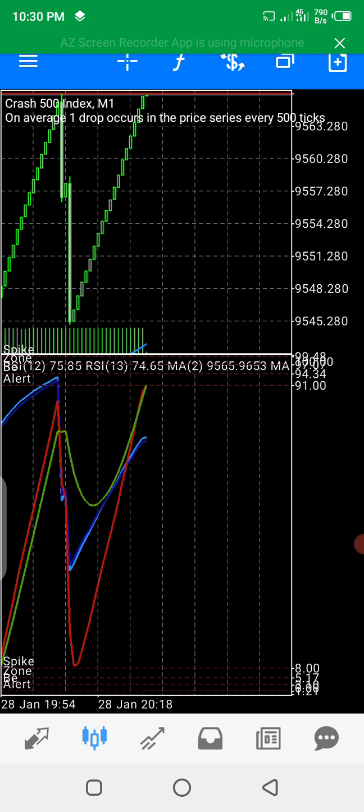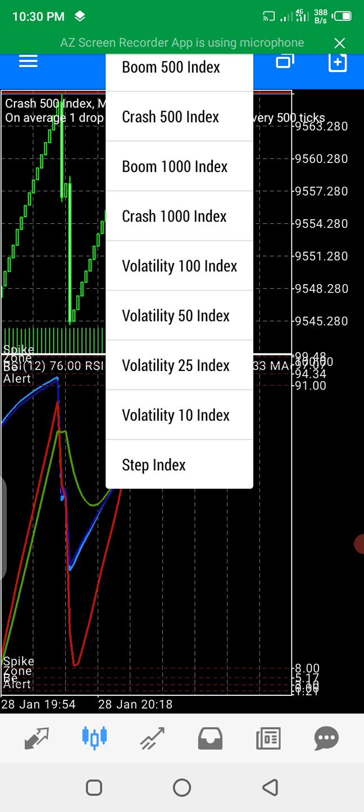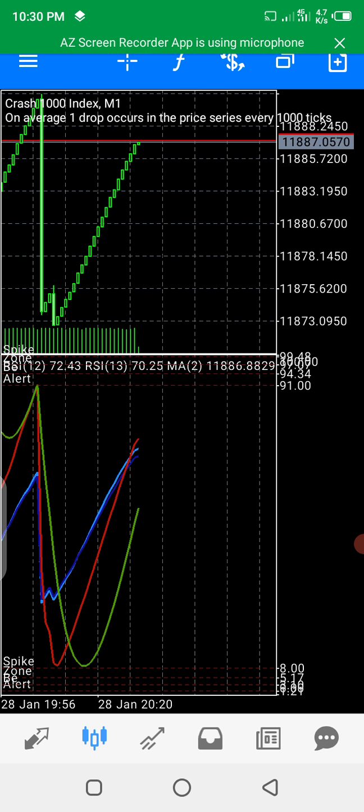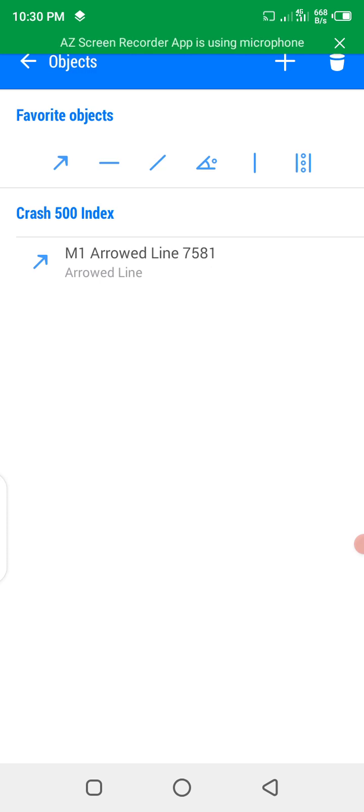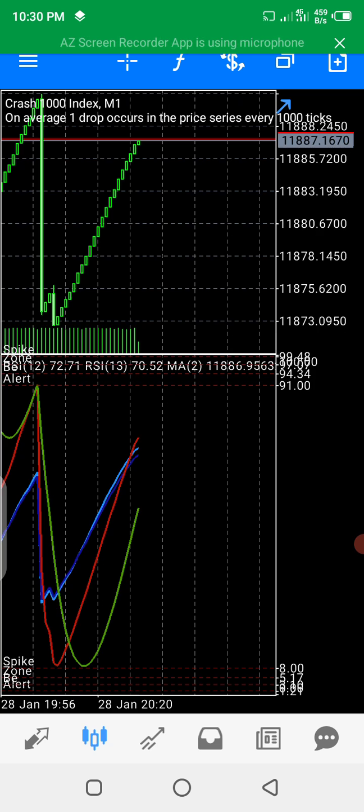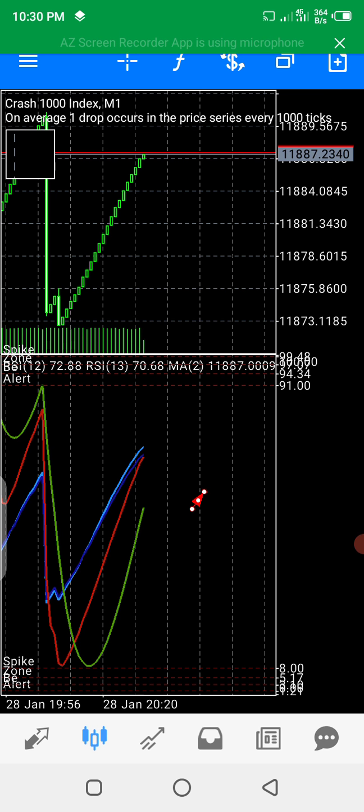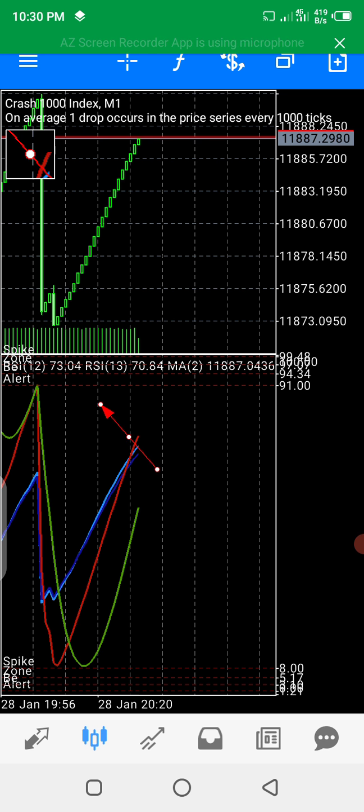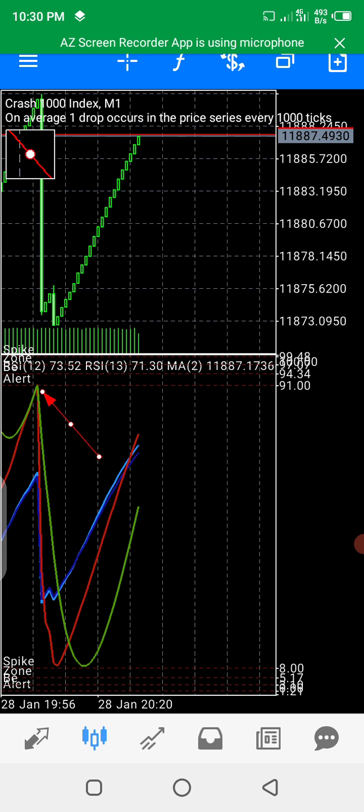Let's check boom. Before we check boom, let's check crash 1000. You see what's happening. This is what is happening under crash 1000. Here you have seen, like I was explaining earlier on, the moving averages and the relative strength index touched the 91 level and it spiked to reach somewhere here.